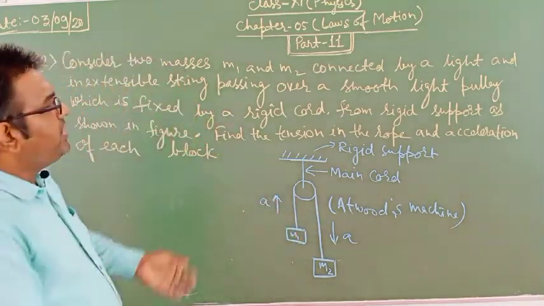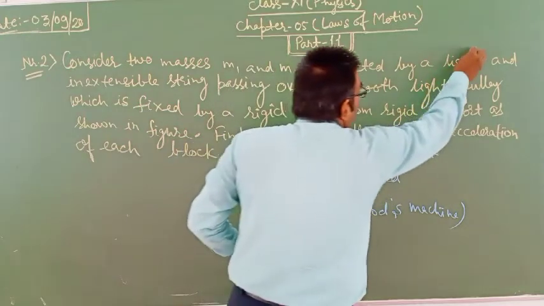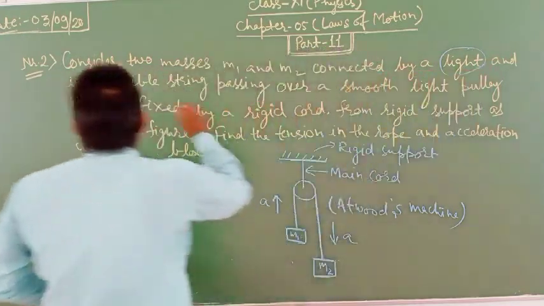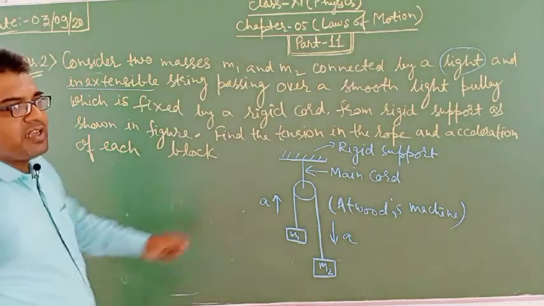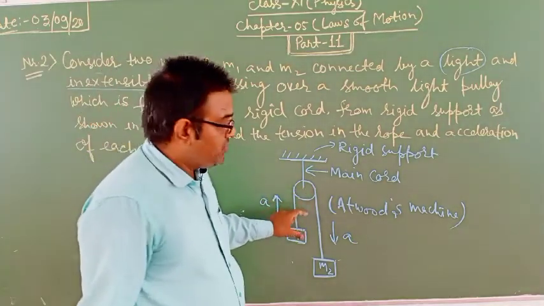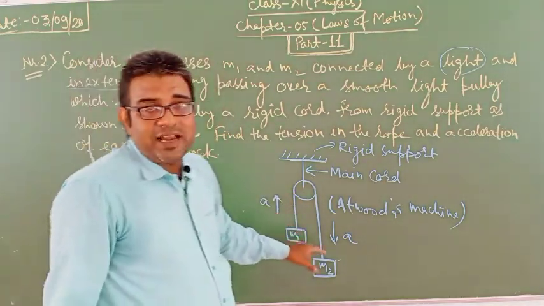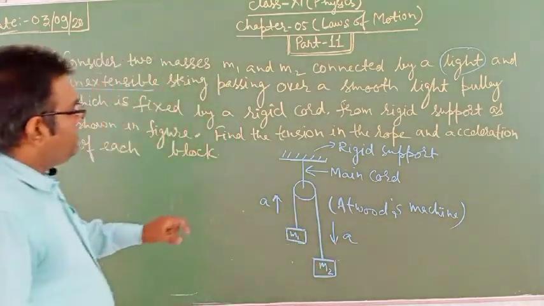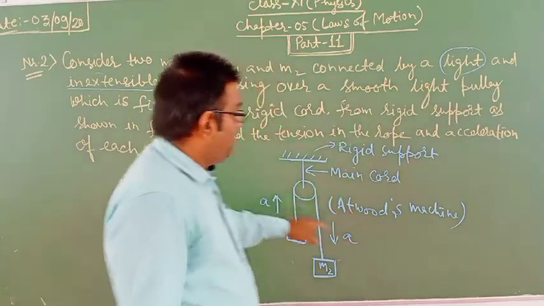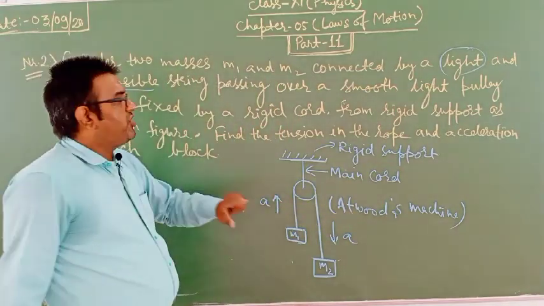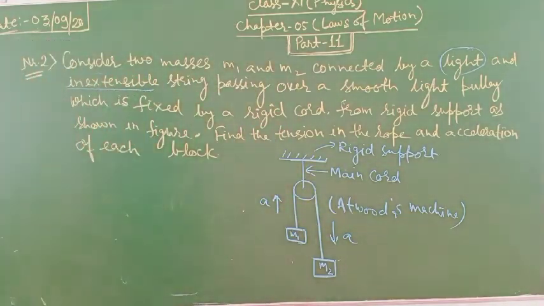What is the meaning of saying light and inextensible? It means the length of the string with which the masses have been attached is not going to vary, and since it is light, the mass of the string is not going to be considered here.